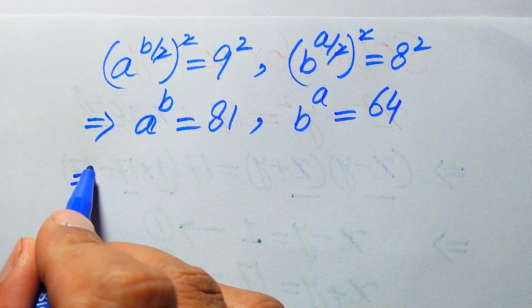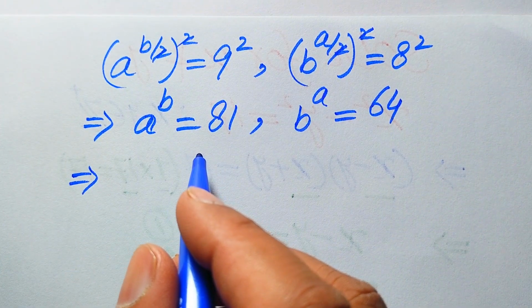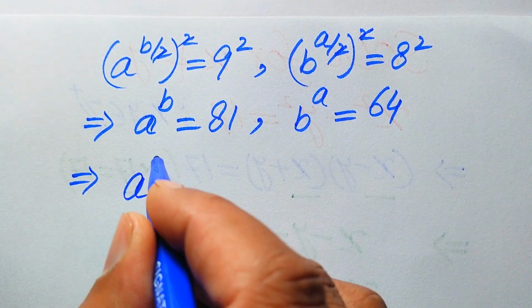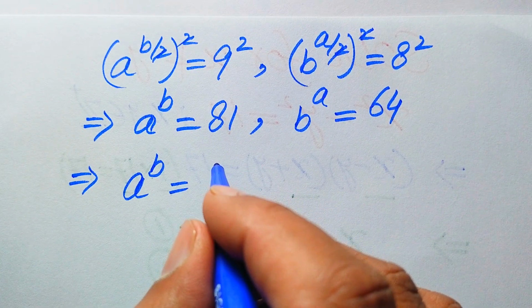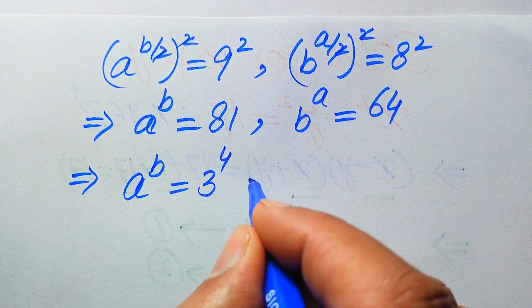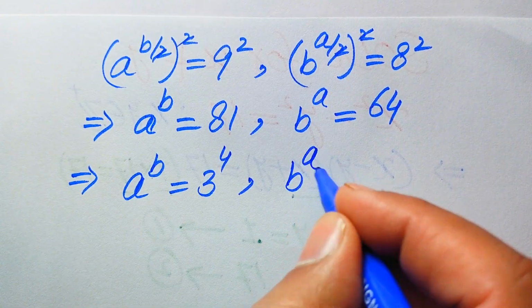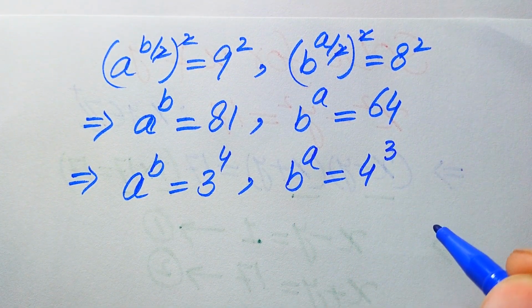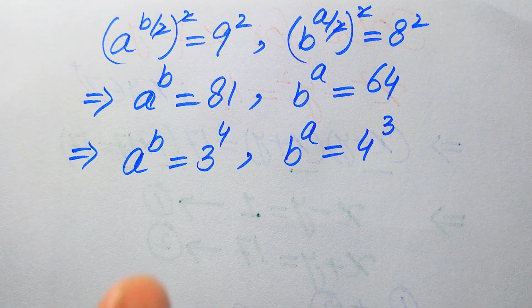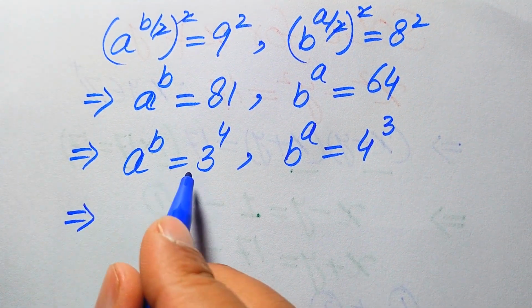Here we rewrite both of these equations in this form. This is a to the power of b is equal to 81, and we write 81 as 3 to the power of 4, and this is b to the power of a is equal to 64, and we write 64 as 4 cubed. Now in the next step, we need to compare both of these two sides.